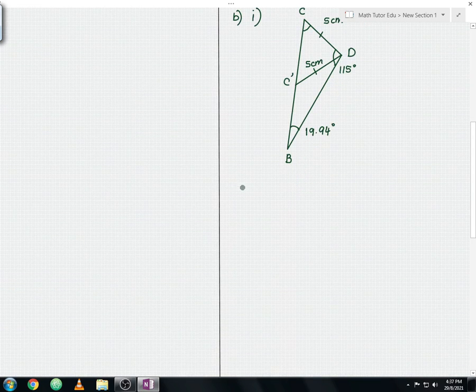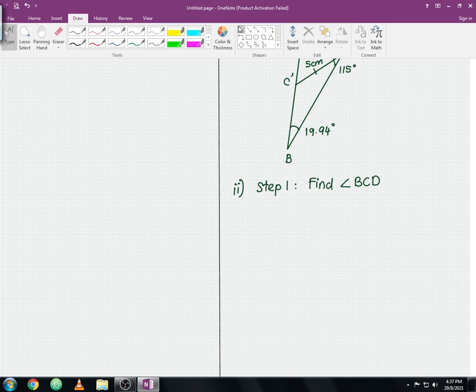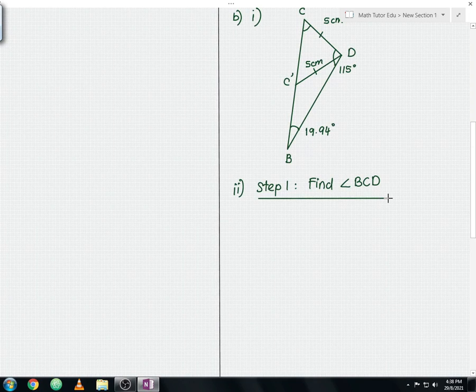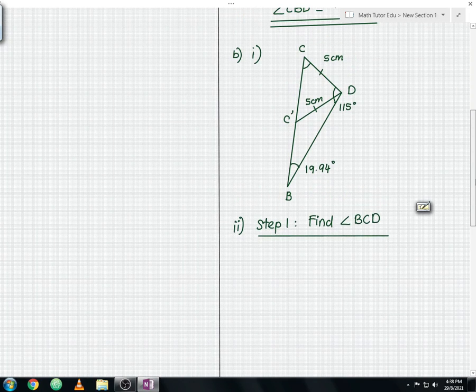Step 1, find angle BCD. Let me underline this. To find the angle BCD is actually very simple.